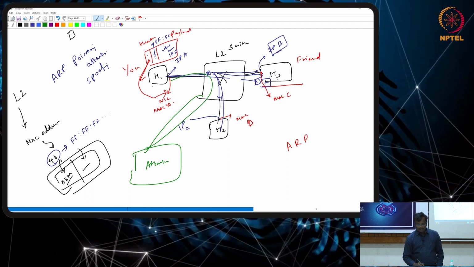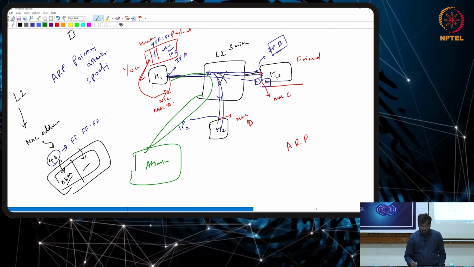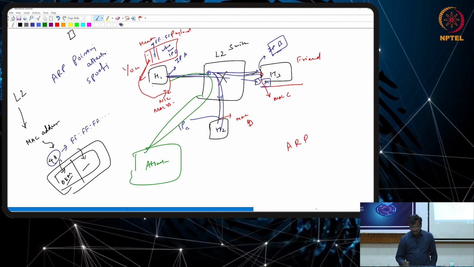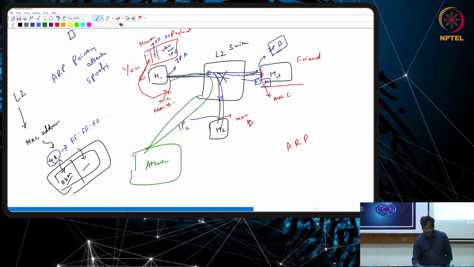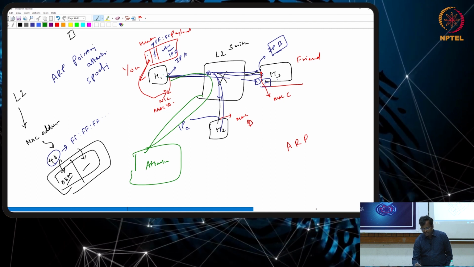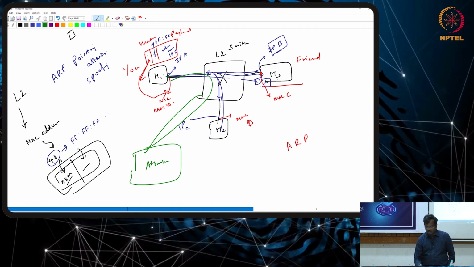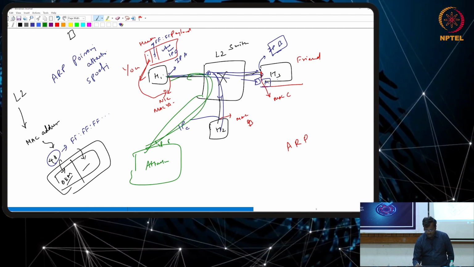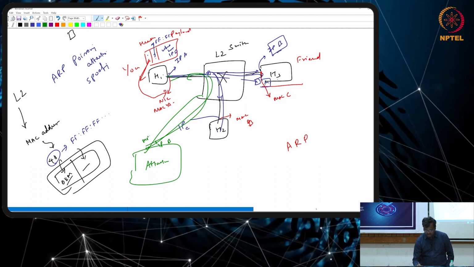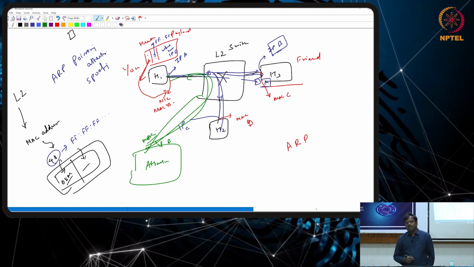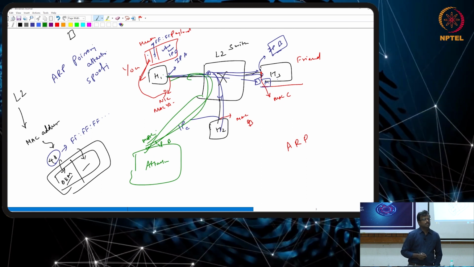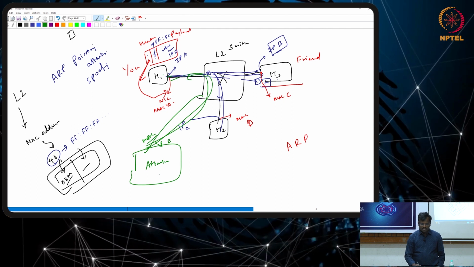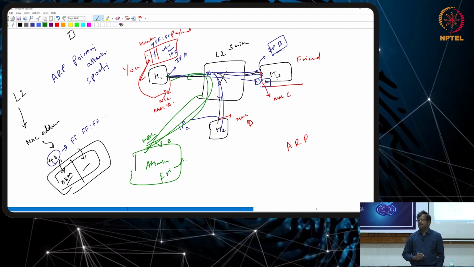So the spoofing will happen something like this. H1 will send an ARP packet asking for IP address B. This attacker will respond saying that it has the IP address B and this is the MAC address. So in this way, you have made host 1 believe that your friend is sitting in this machine, right?